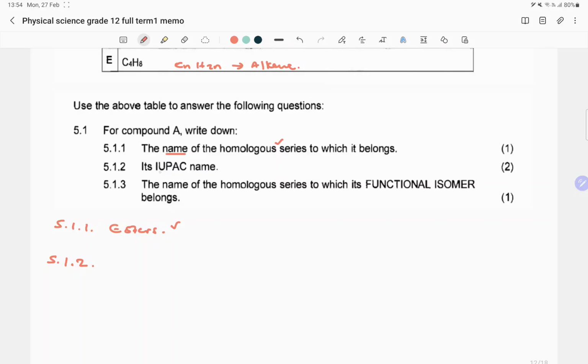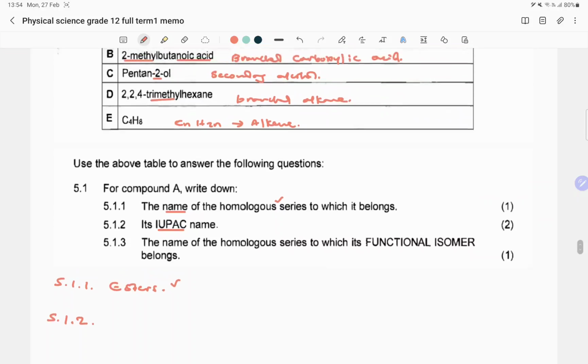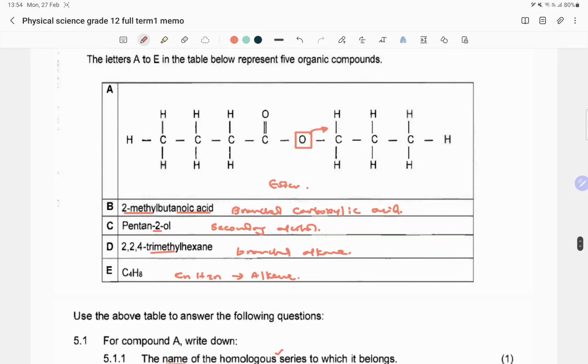5.1.2, it's IUPAC name. Sometimes you may be surprised and asked, what does IUPAC stand for? So this is International Union of Pure and Applied Chemistry, okay? Don't be beaten by that name. Otherwise, we want the IUPAC name. So remember, when you are giving the IUPAC name of an ester, always name the hydrophobic end first. And as we said, the hydrophobic end is actually just forward of the oxygen, or it's just facing the oxygen.